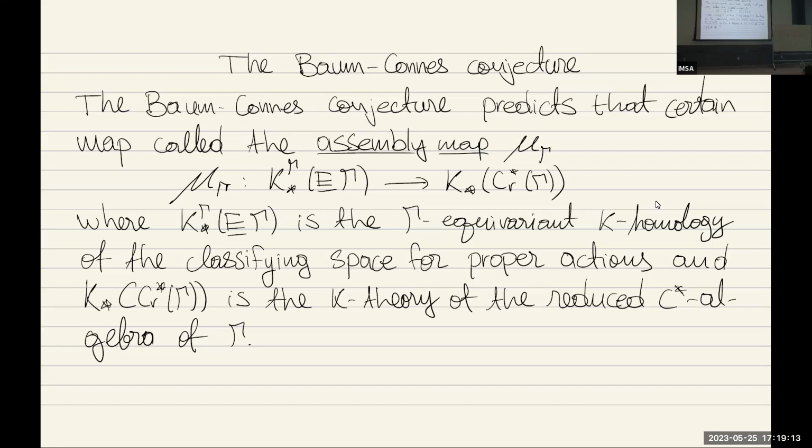Note that gamma is non-commutative, non-abelian, so this algebra is non-commutative, and the computation of the K theory of a non-commutative C star algebra is very, very difficult. On the other hand, if we have an explicit decomposition of E bar gamma as a gamma CW complex, then in theory it is possible to compute this side.